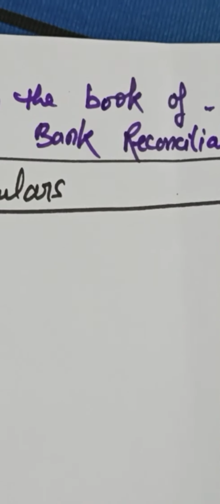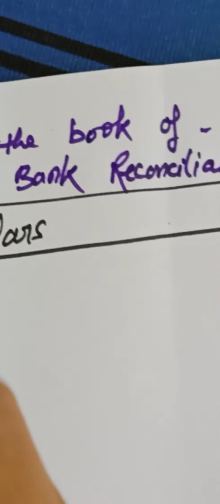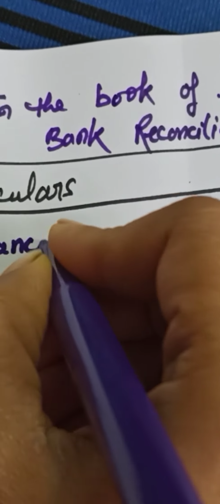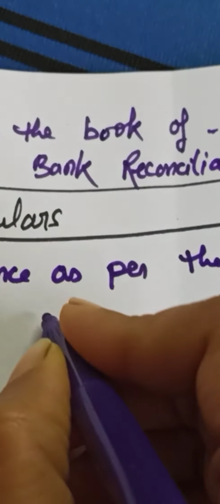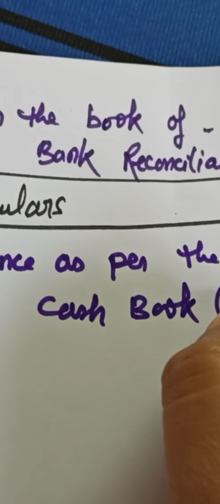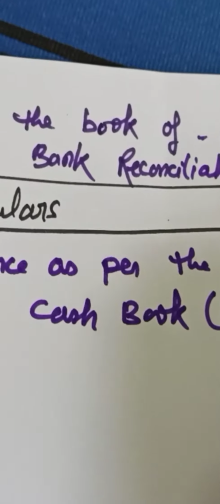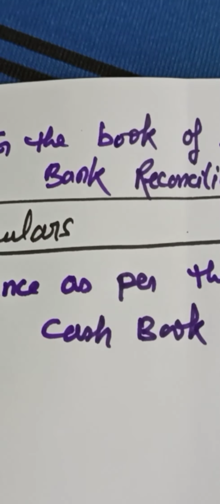Now, bank balance as per the cash book, it's a debit favorable balance, so you have to put it in the add column, 12,500.